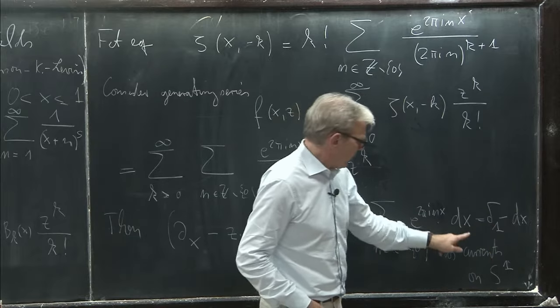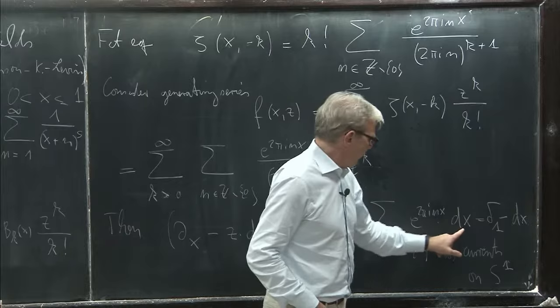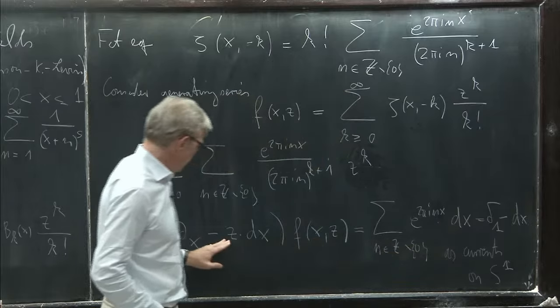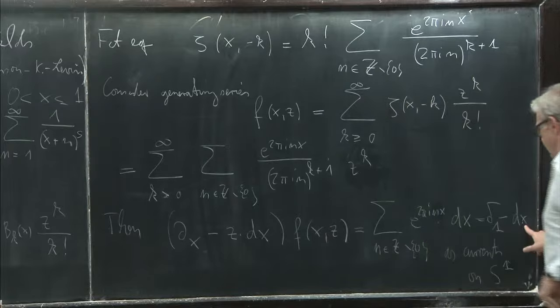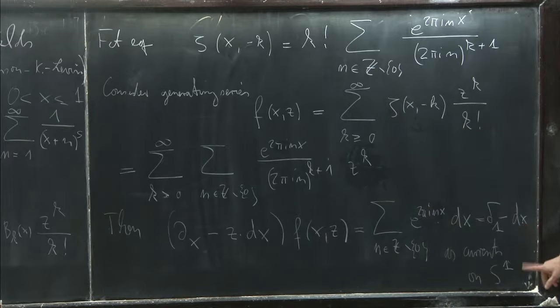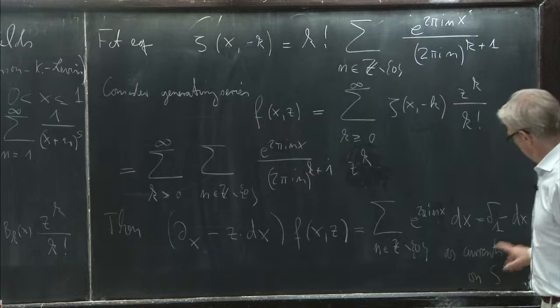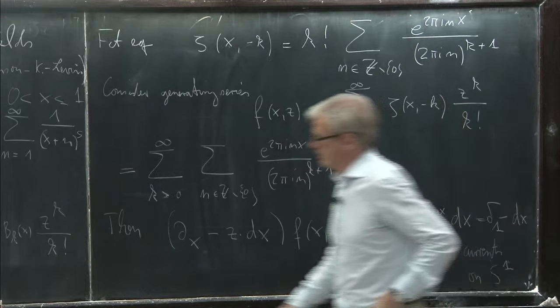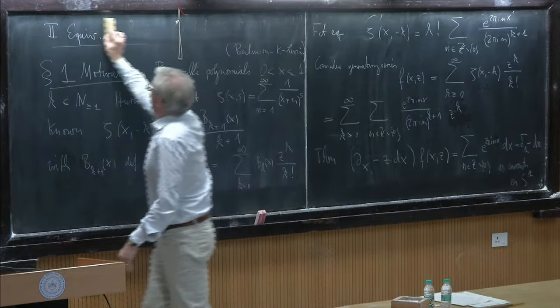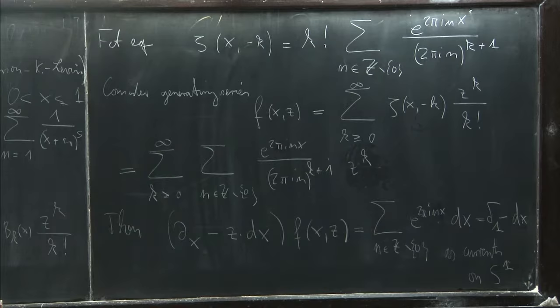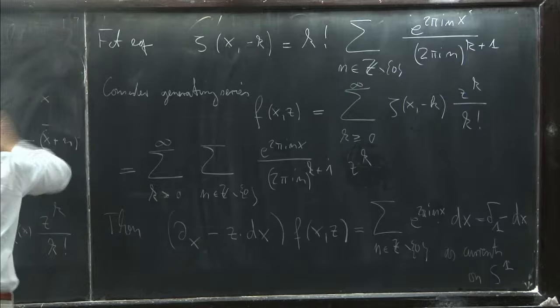But then you run into trouble that this differential form, for this operator, is not closed because there's always this dx coming up. That makes a problem, and we want to have this dx going away. And this we do by smoothing this form in a certain sense a little bit.